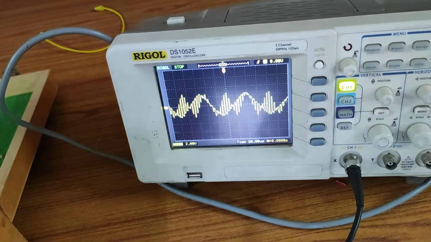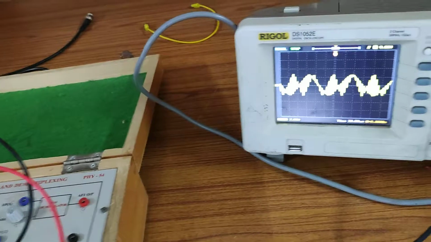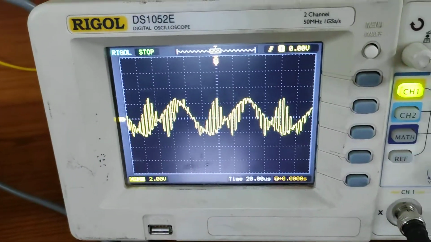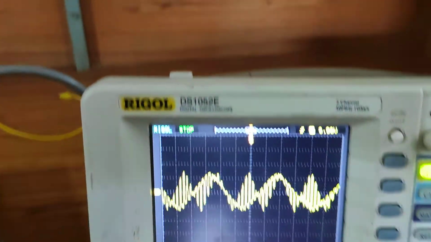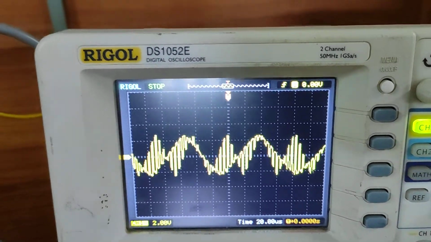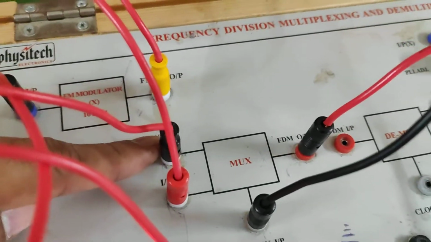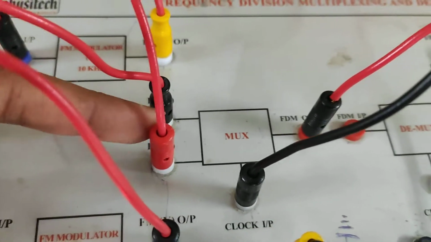If you want to know the definition of the multiplexer or frequency division multiplexing, there we are going to supply multiple inputs. Here we are supplying the modulated signal 1, and this black one is the modulated signal 2.